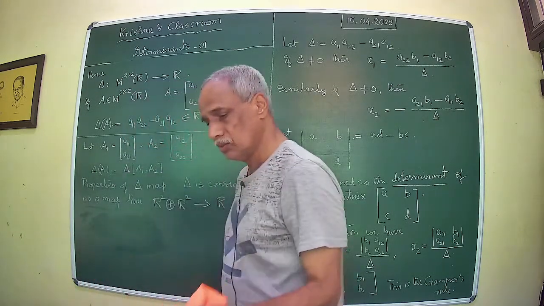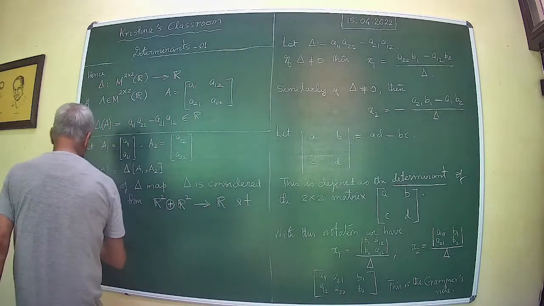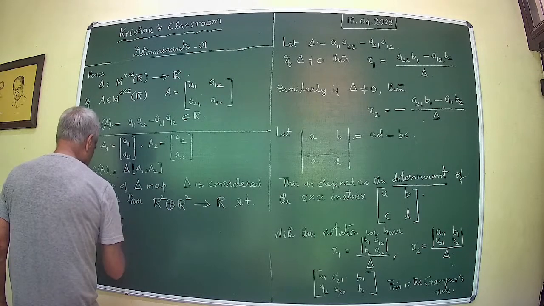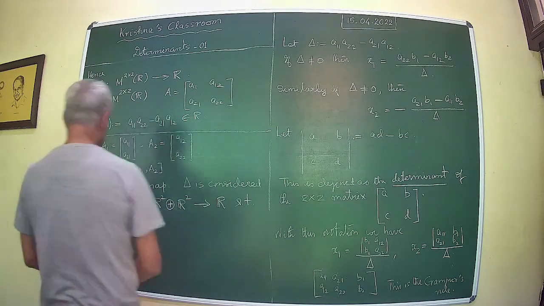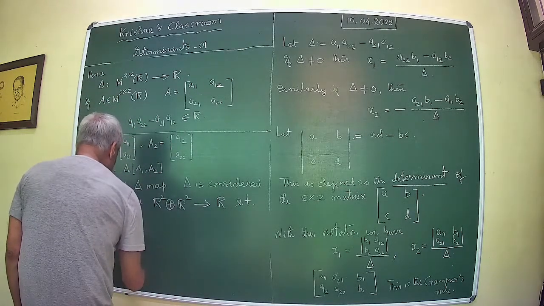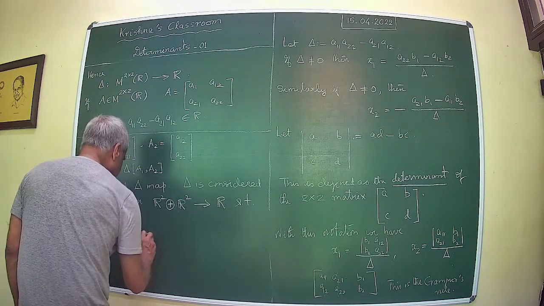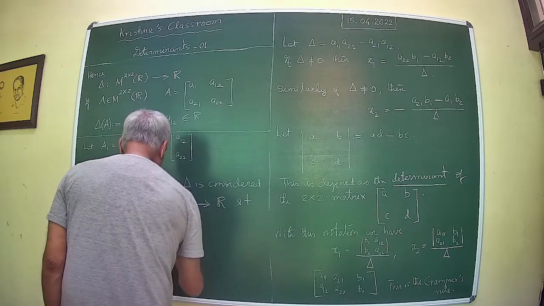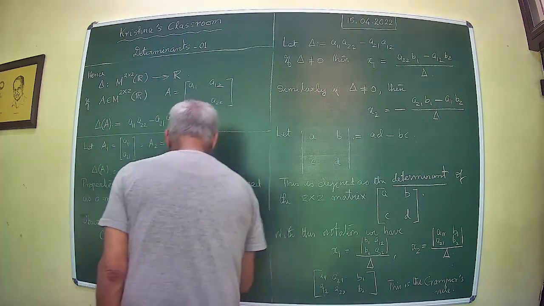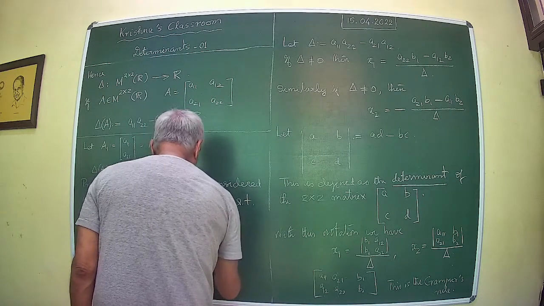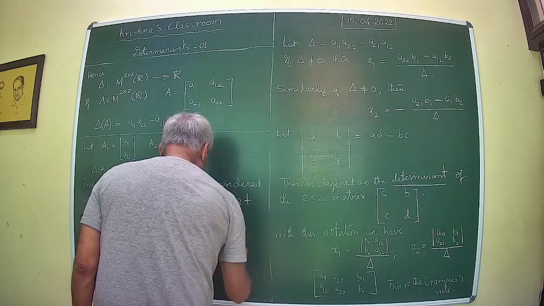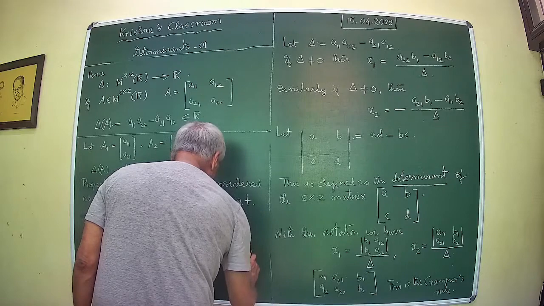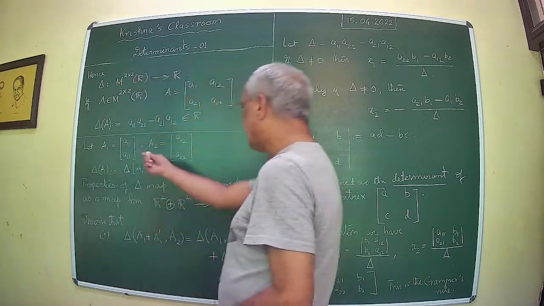Now you see that we observe that delta of A1 plus A1 prime, A2 is equal to delta of A1, A2 plus delta of A1 prime, A2. That means it is linear in the first argument.